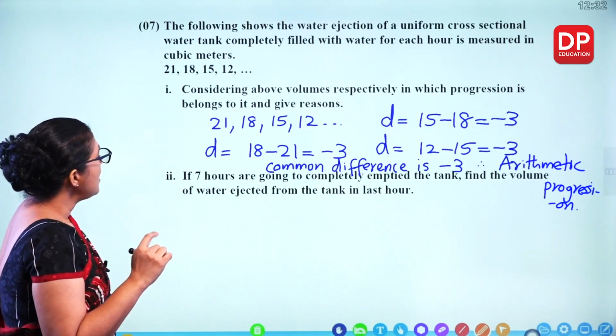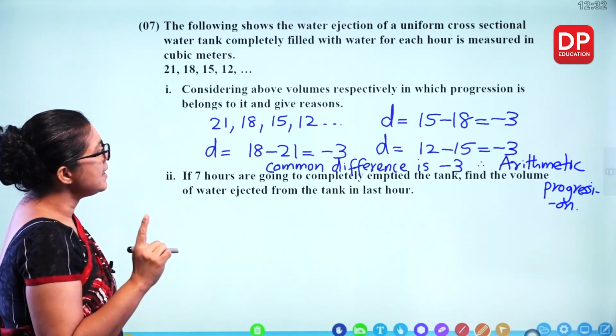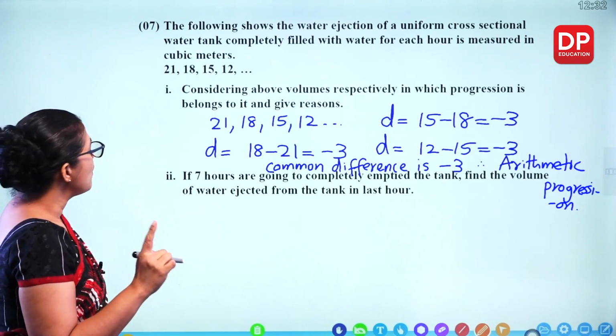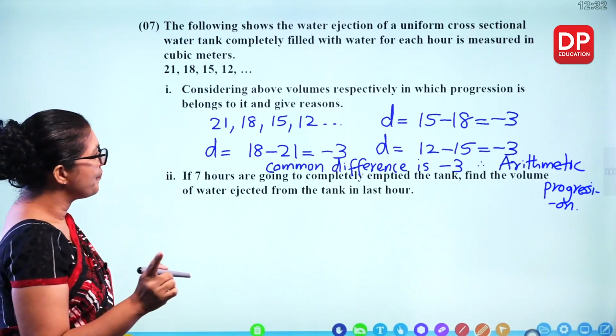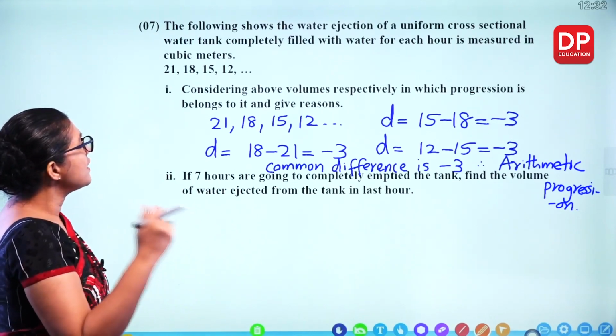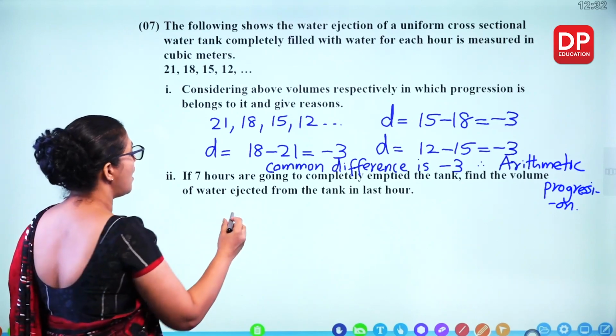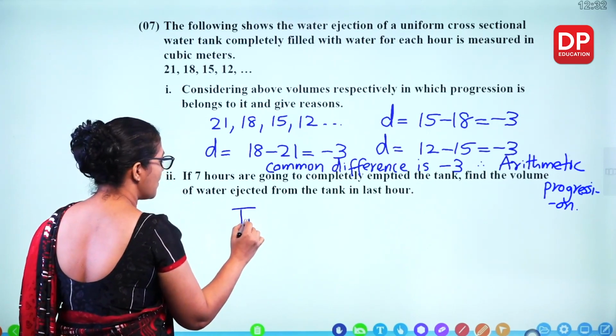Next one. If 7 hours are going to completely empty the tank, find the volume of water ejected from the tank in the last hour. So that means the 7th term. So we need T7.